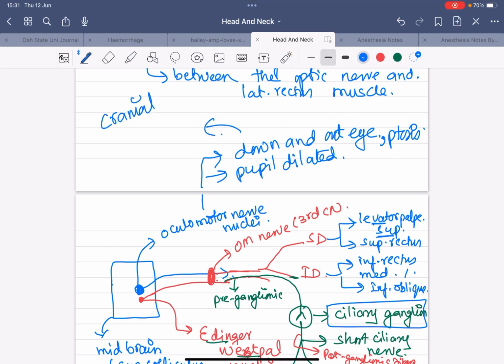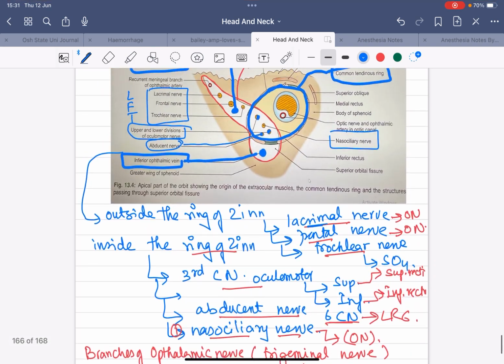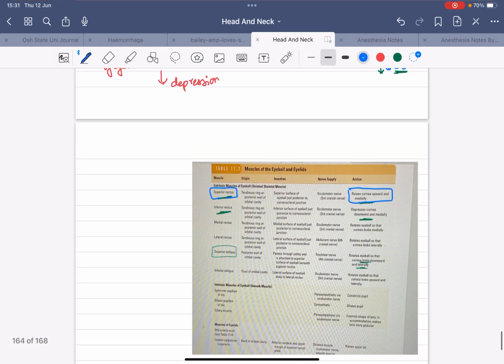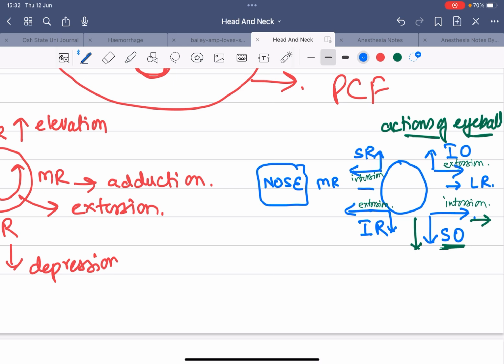If the patient's lateral rectus muscle is gone, that is a lesion of the 6th cranial nerve, then what happens? The medial rectus becomes more powerful, so the patient will develop a medial squint.